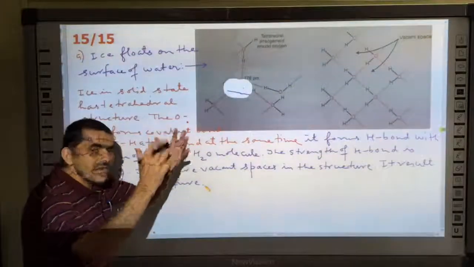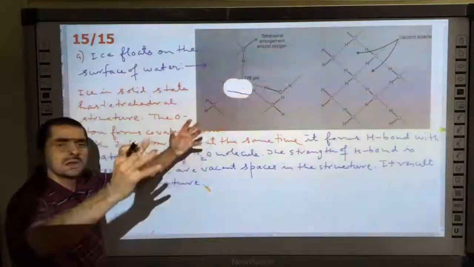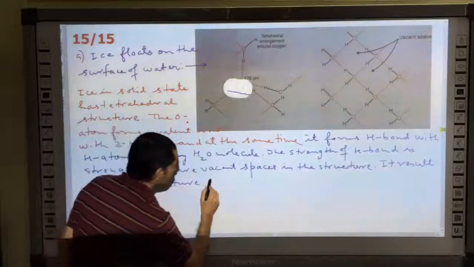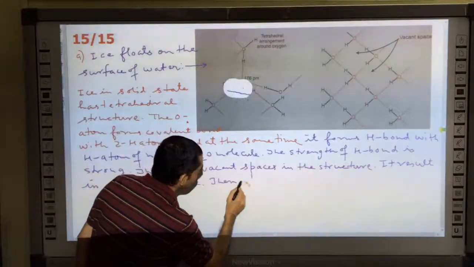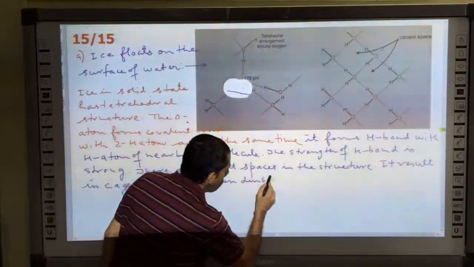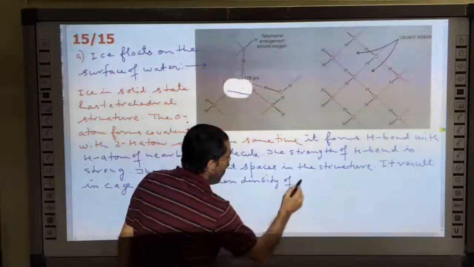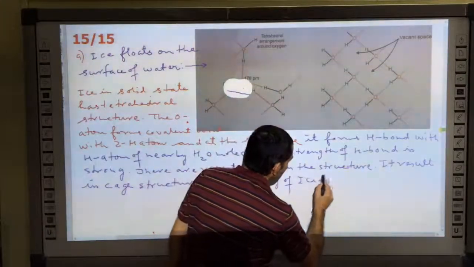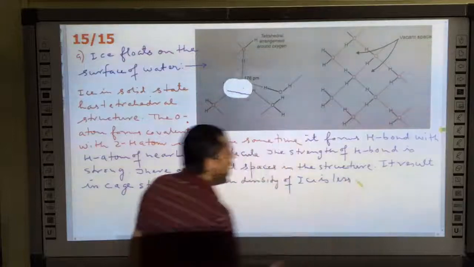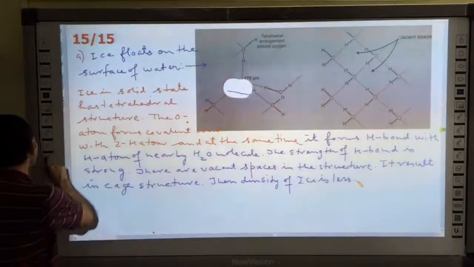Now, due to intense hydrogen bonding, there are spaces. When there are spaces, the density of ice is less. Ice has less density.